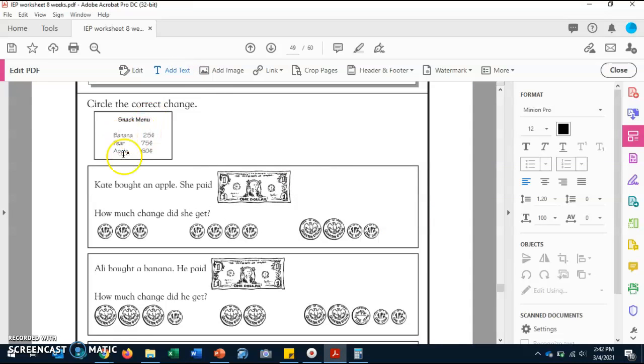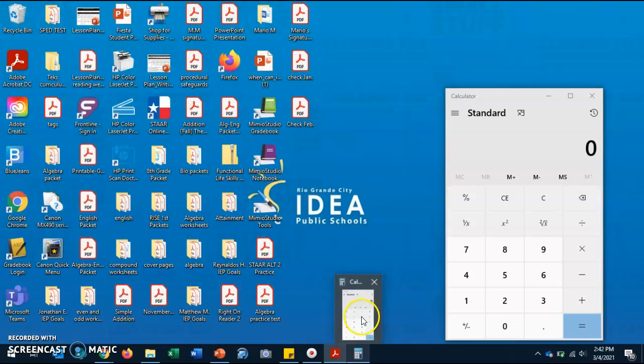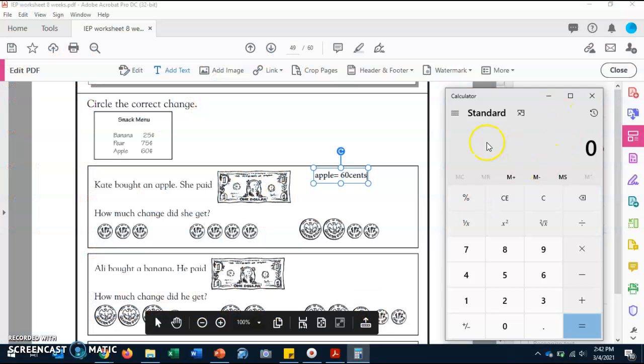So we know that Kate bought an apple, and an apple is worth 60 cents. So here on the side, I'm going to put apple equals 60 cents. And she paid with $1, which we know is worth 100 cents.